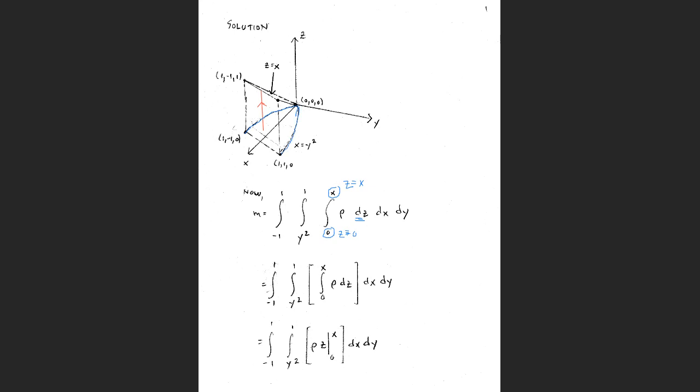So if we were to draw a picture of x equals y squared, here's x, here's y, and here's x equals y squared. And clearly it gets cut off at 1.